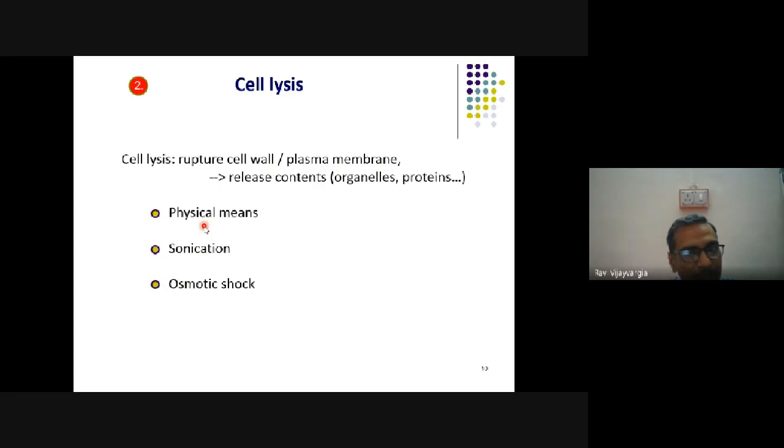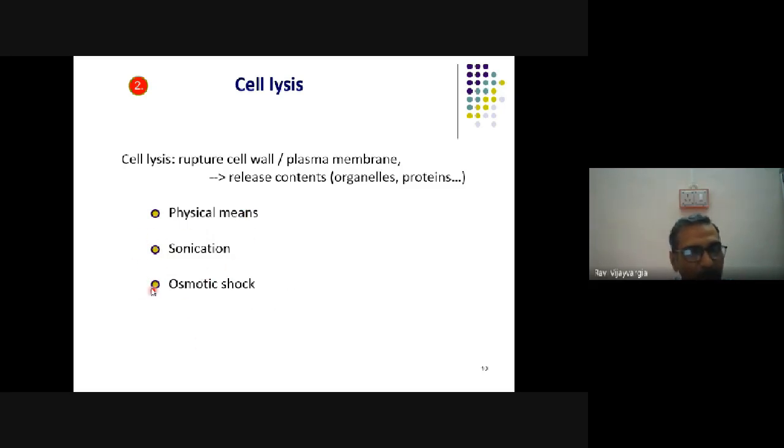This rapid freeze-thaw will create ice crystals that will pierce holes in the cell wall and cell membrane, and through that the contents of the cells can come out. Also, you can use a sonicator, where high frequency sonic waves will create holes in your cell walls and plasma membranes, and the cell contents can come out.